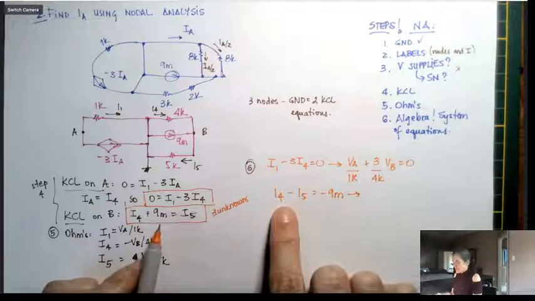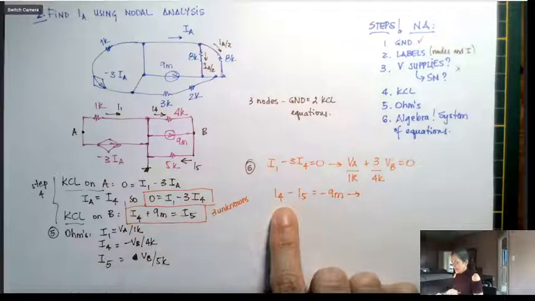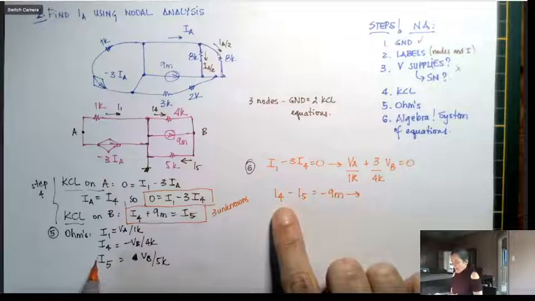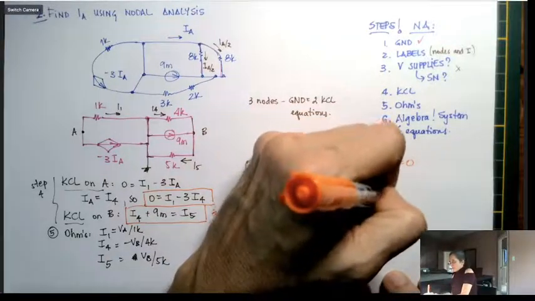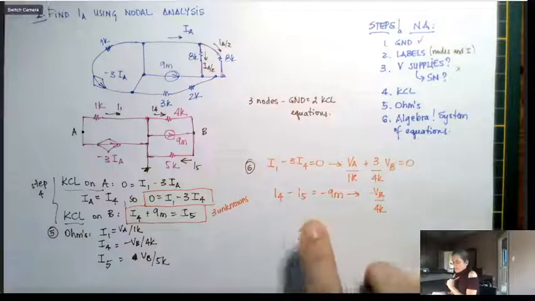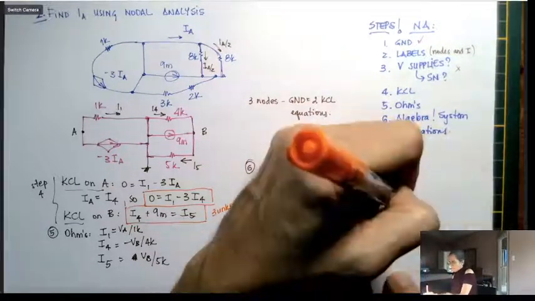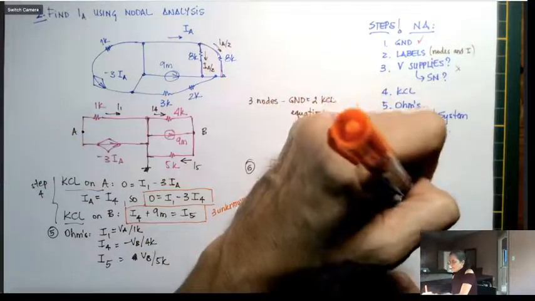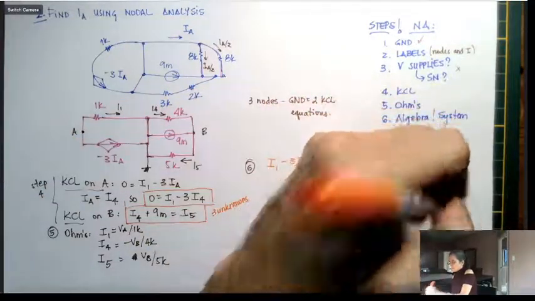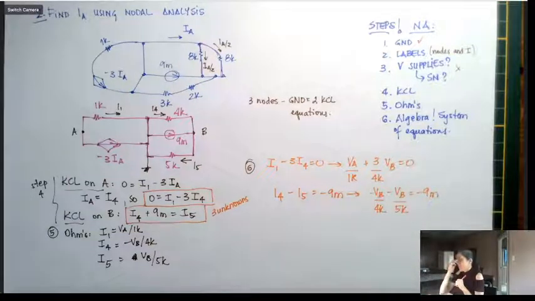I just swapped I5 and 9 milli. I4 is minus VB divided by 4K, and I5 is minus VB divided by 5K is minus 9 milli. Now, of course, we can solve the second one for VB and then substitute in the first one.